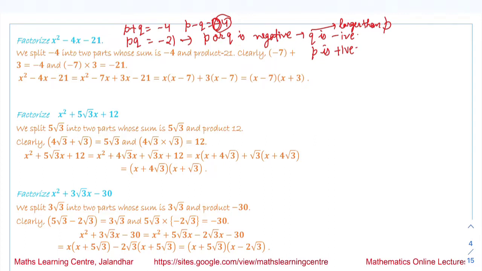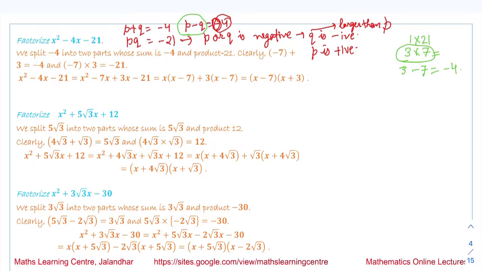We are trying to find the factors of 21. To find the factors of 21, we are first writing 1 into 21. Then it is 3 into 7. Now we know that p minus q should be minus 4. So when we are taking 7 and 3, if we perform 3 minus 7, the answer is minus 4.